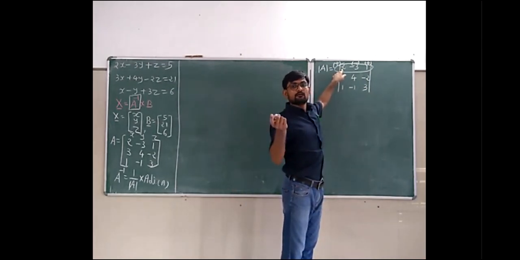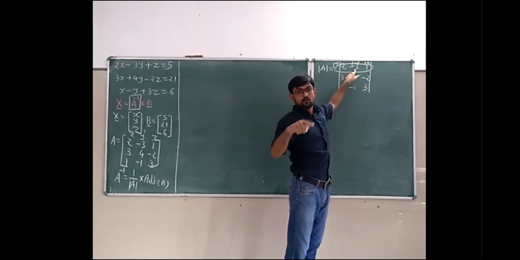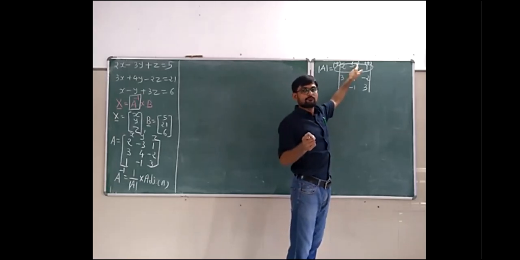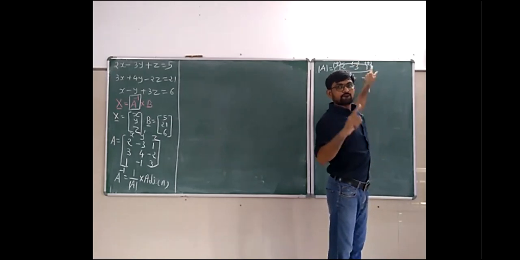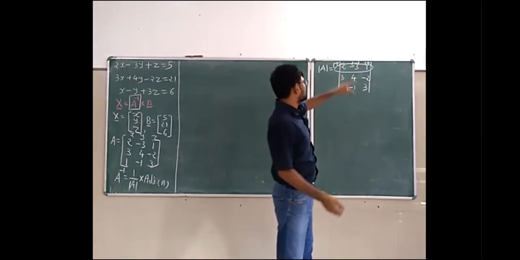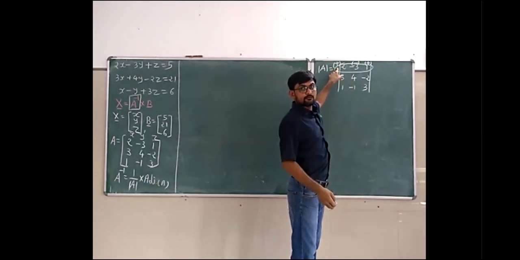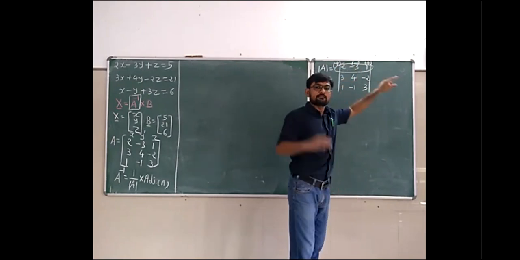If you get an even number, use plus sign. This is the element of first row, second column. 1 plus 2, 3. Odd number, use minus sign. This is the element of first row, third column. 1 plus 3, 4. Even number, plus sign. Or you can start with the positive sign. Doesn't matter whether it is 2 by 2 or 3 by 3. Then use minus, then plus, alternate signs.